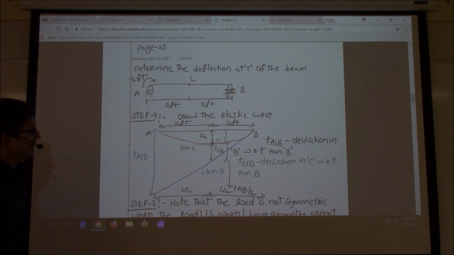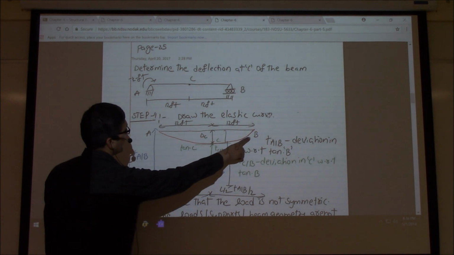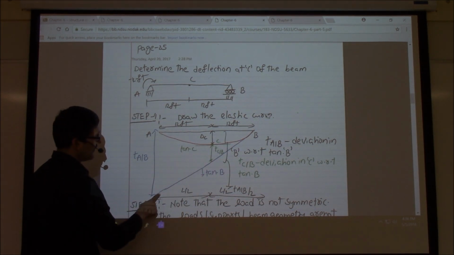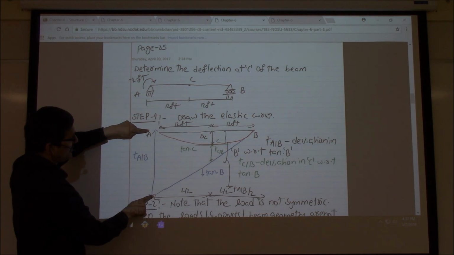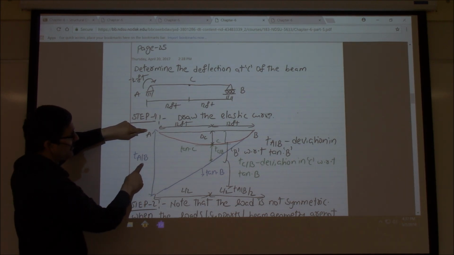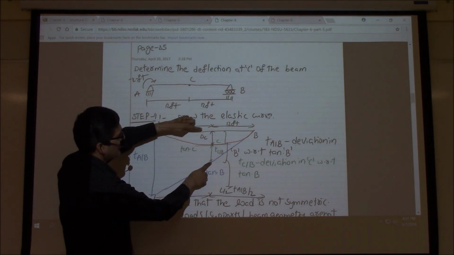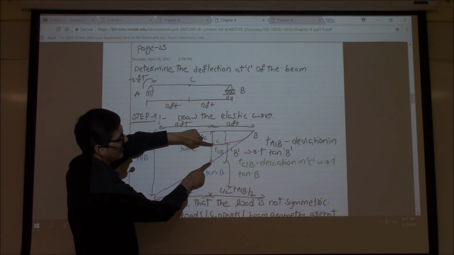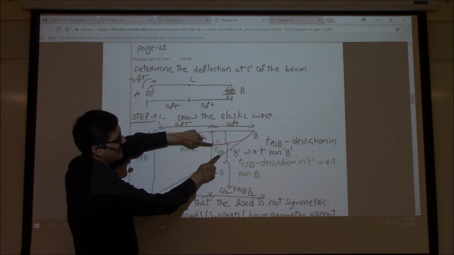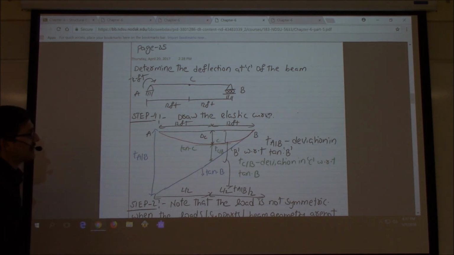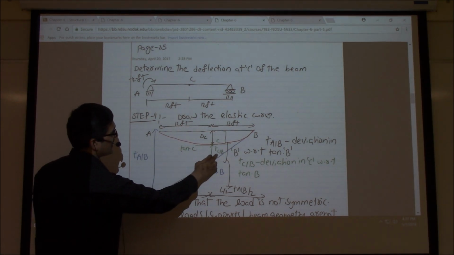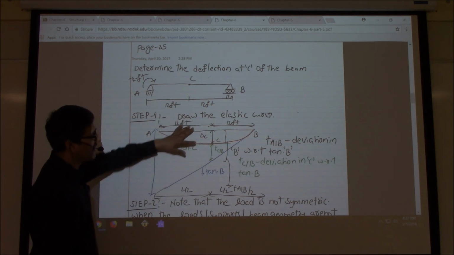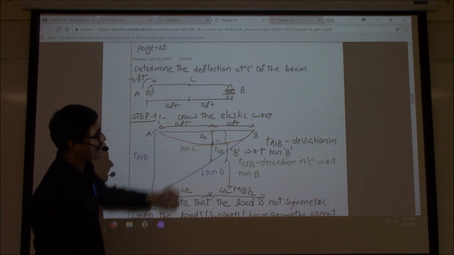Now let's see. If I draw a tangent through point B, the deviation of the point A with respect to this tangent B is nothing but TA by B, and the deviation of the point C with respect to this tangent is called TC by B. But the important thing is we are neither interested in TA by B nor TC by B. We are interested in delta C, which is given by this one.